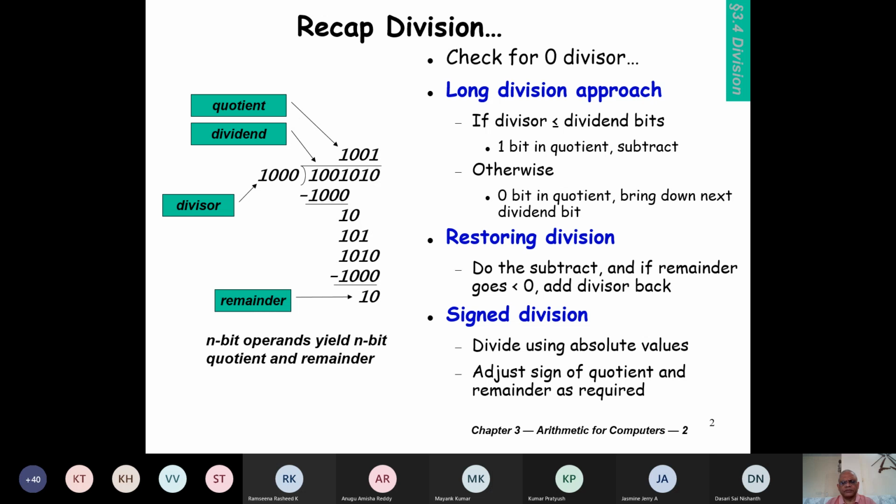Even though manually, by observing, we can do that, in hardware that's a bit difficult. So we carry out the subtraction, and if we get a negative number, then we restore the number back by adding the divisor to that.